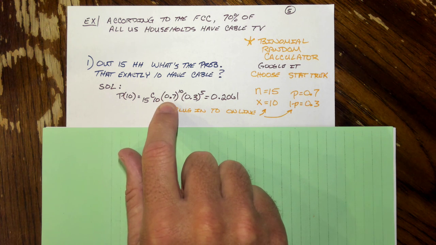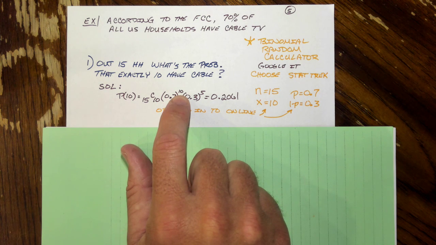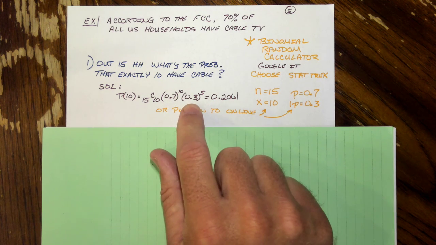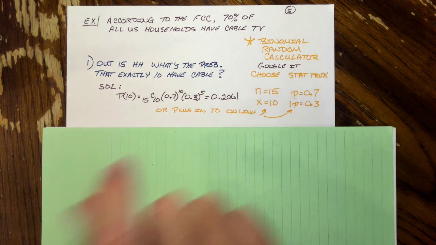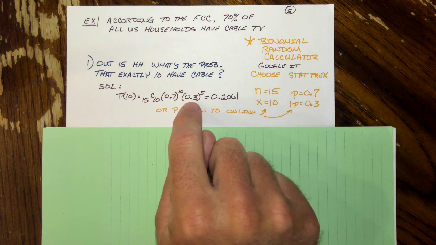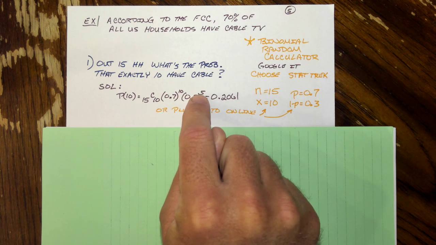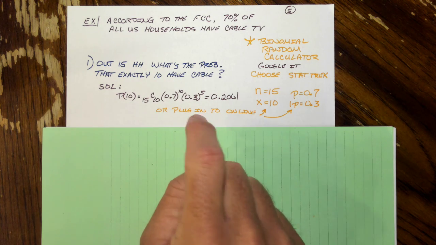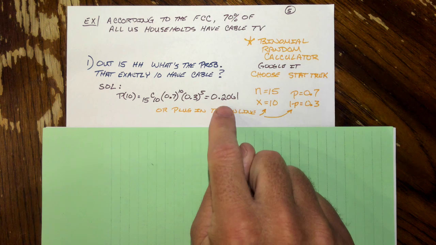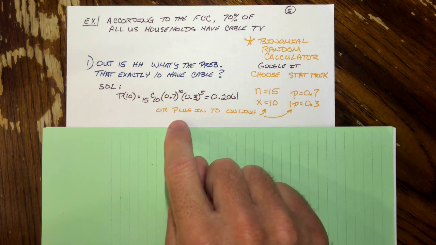There's our combination. There's a probability of what we want, our success, to the 10th power, because 10 households. And then the probability of the complement, or unsuccessful. Remember, 10 plus 5 is 15. That's just a probability of 10 now. And we can get this long method.